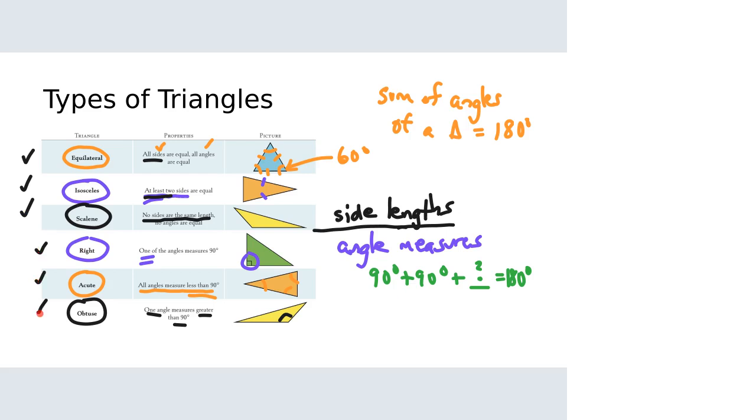We're going to do the same kind of thing with triangles that we did with quadrilaterals as far as the relationships are concerned. So let's take a look at what we can do with questions involving relationships of triangles.